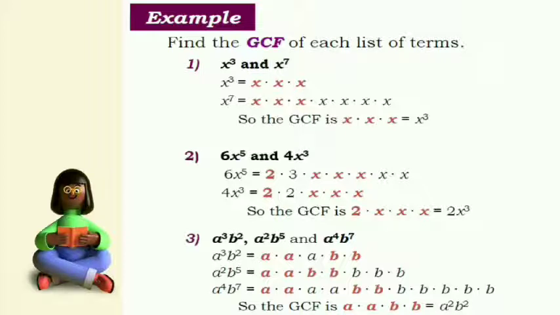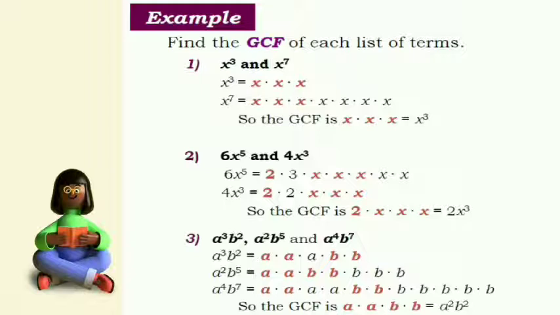Next, a squared and b to the fifth power is a times a times b times b times b times b times b, so there will be 2 a's and 5 b's. A to the fourth power and b to the seventh power will be four a's and seven b's.